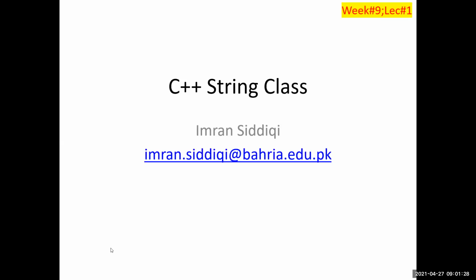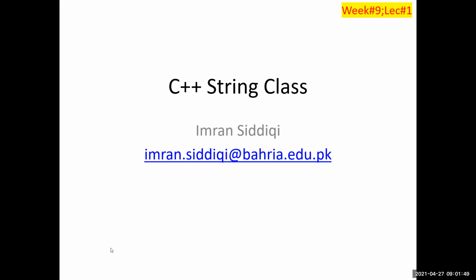I told you that when you are writing a program, there are many occasions when you have to deal with textual data. For example, you have to store the names of people or the names of cities or addresses or email. All of these are examples of textual data.